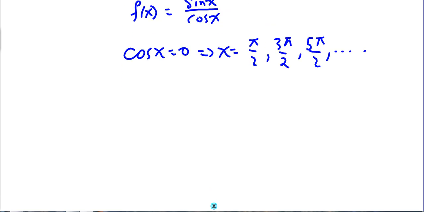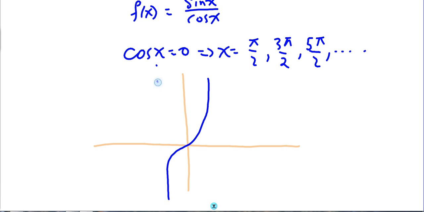Of course, if you draw the graph of y equal tan x, you will see exactly how this looks. Y equal tan x will look something like this. This is negative pi over 2, and that is a vertical asymptote.